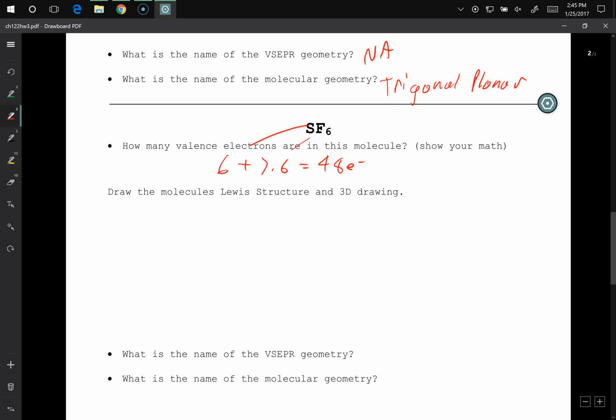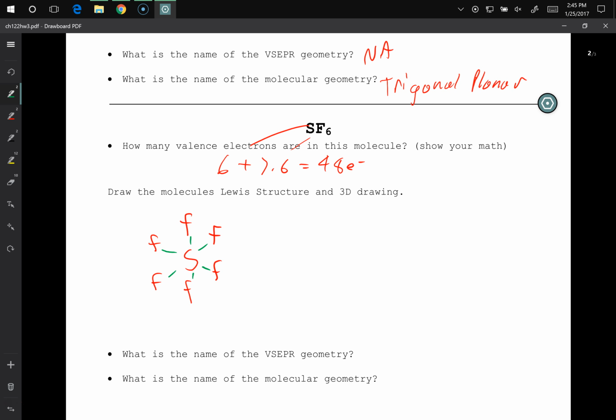Who are we putting in the middle? My sulfur. So I have a sulfur and six fluorines. And then I'll connect everybody up. And so, how many electrons have I used so far? 12. So I got 36 left.